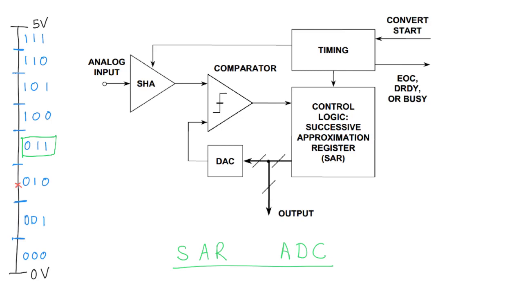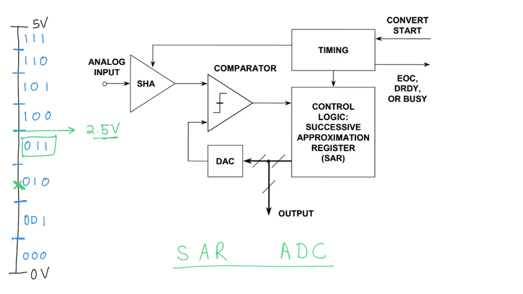And the DAC, as a result of this input, gives us 2.5 volts. So what the comparator then does is it compares our analog value, which is here, with 2.5 volts, and it tells us that the analog value is smaller than 2.5 volts.